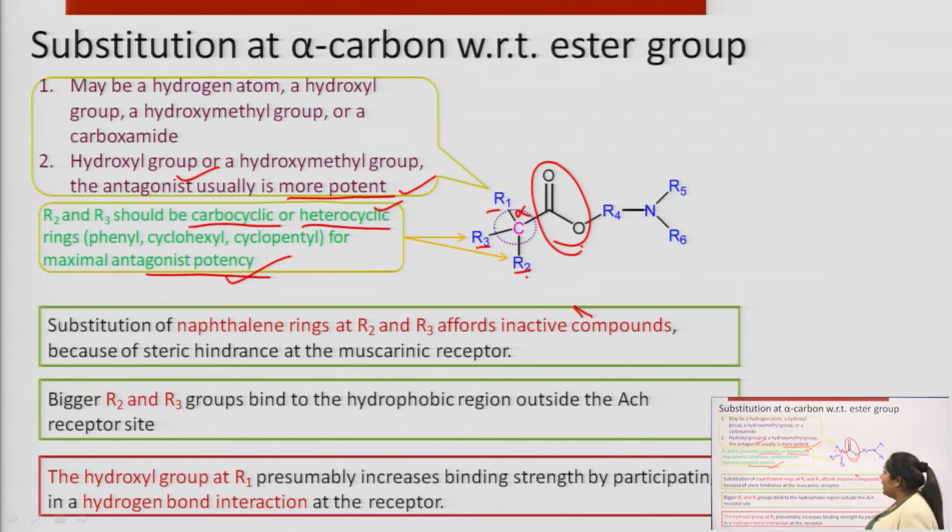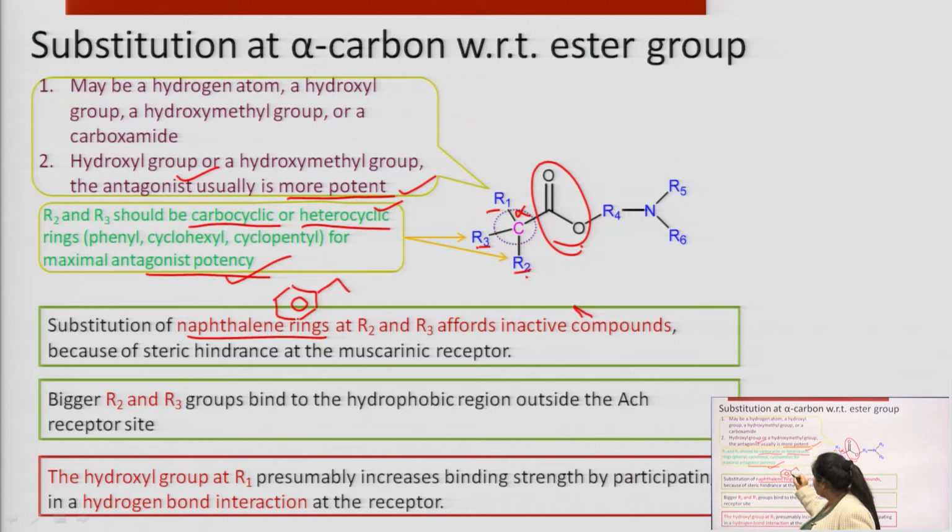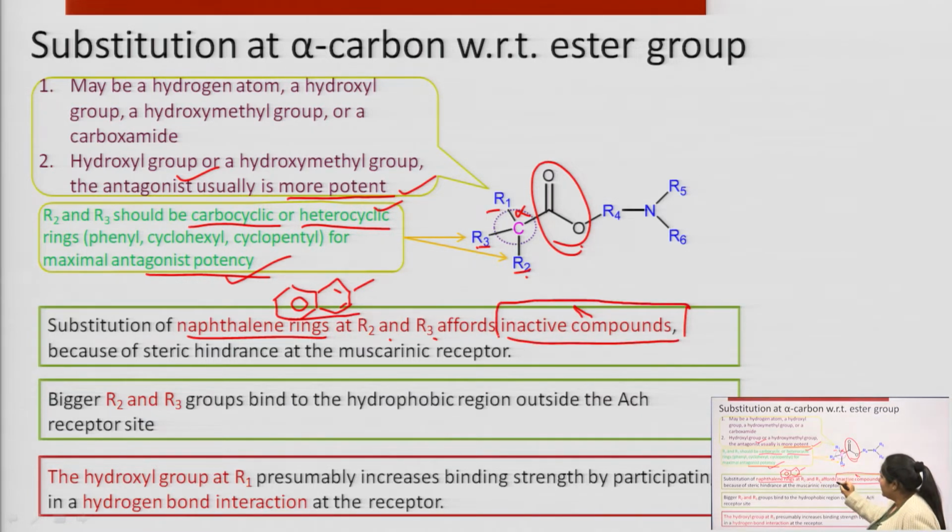Now, if we substitute R2 or R3 with a naphthalene group, that will lead to the formation of inactive compounds, because there is steric hindrance at the muscarinic receptor, and that will decrease the binding of the drug with the receptor.